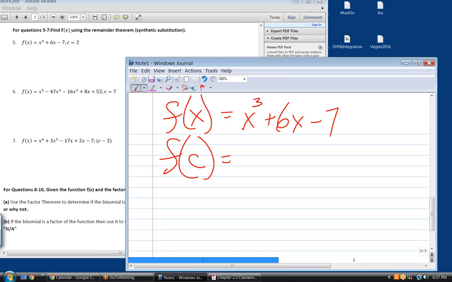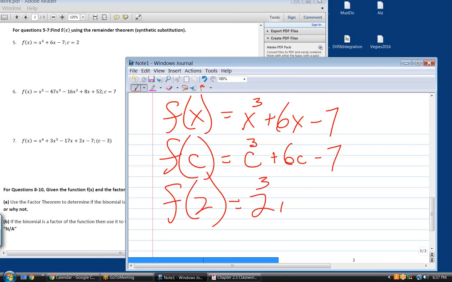That's c cubed. In other words, I'm going to substitute c wherever I see an x. Okay. c cubed plus 6c minus 7. And now they're saying if c is 2, well, what is f of 2? 2 cubed plus 6 times 2 minus 7.